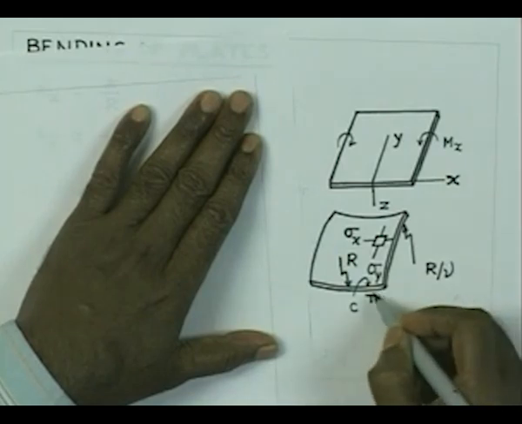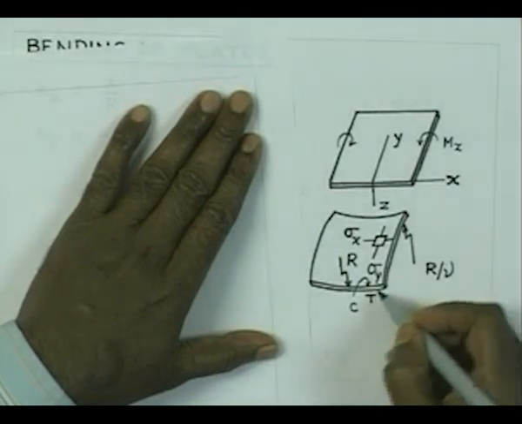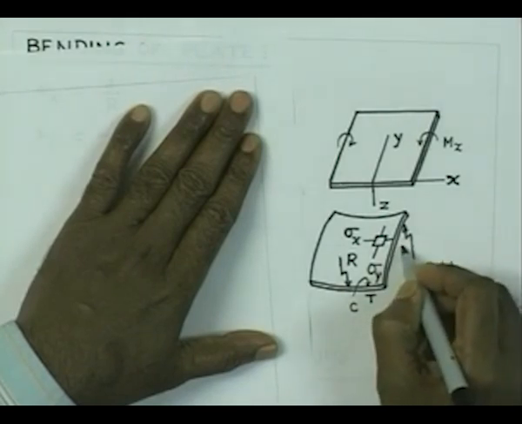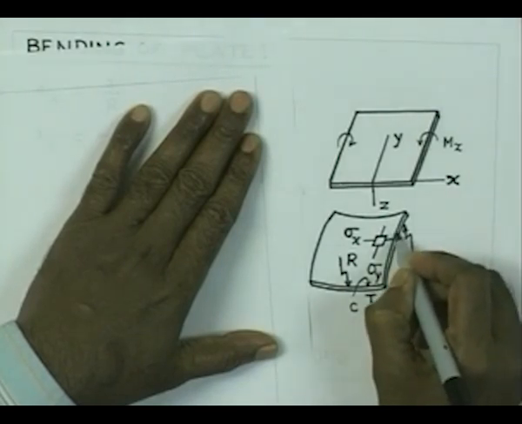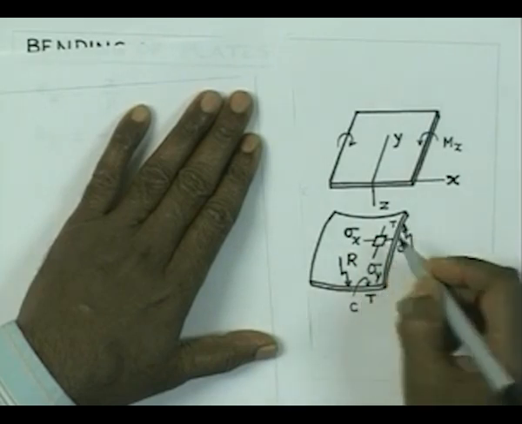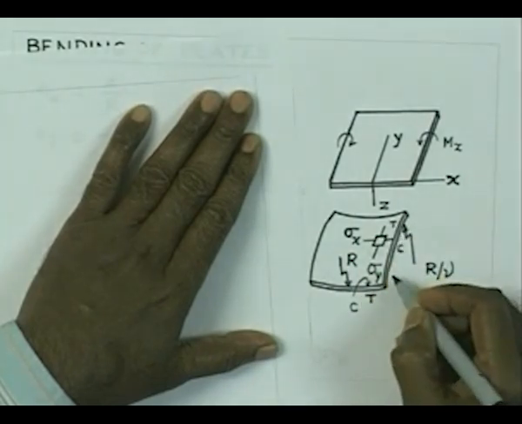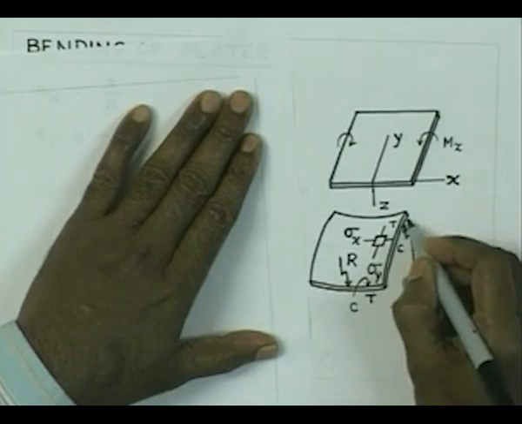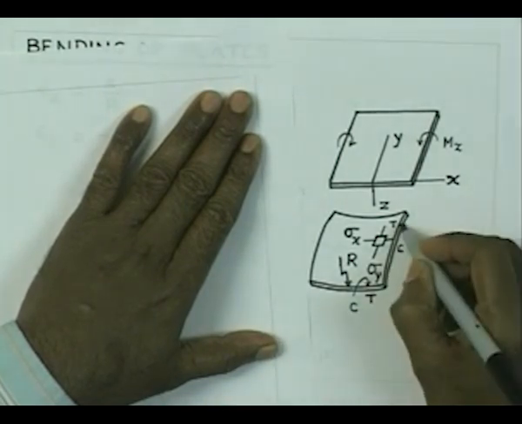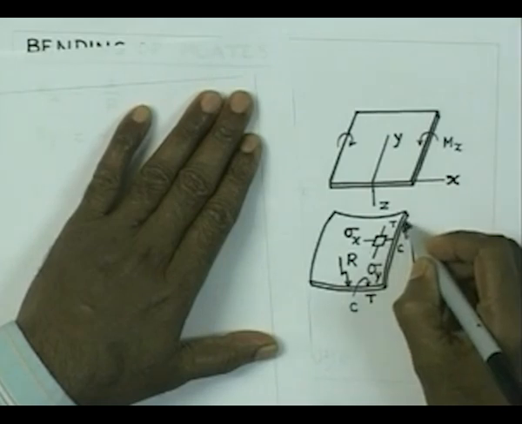So, therefore, you are going to get contraction here at the bottom fiber and the top fiber is going to get stretched. Because of this, the edges of the plate get a curvature like this, it does not remain straight. So, you have tension stresses there and compressive stresses there. So, it gets folded or rather bent like that.